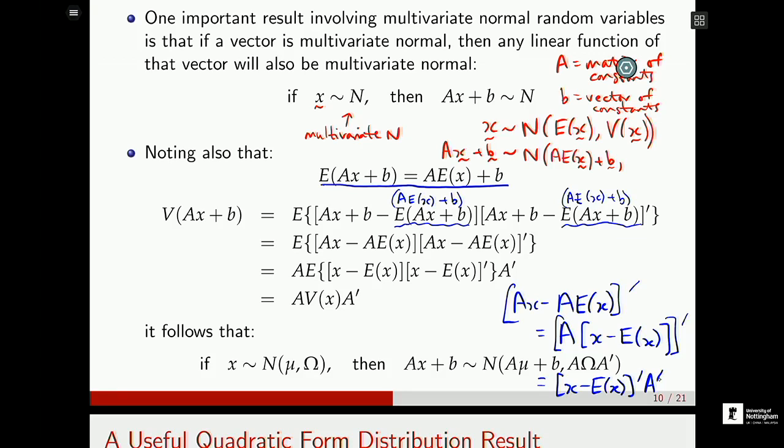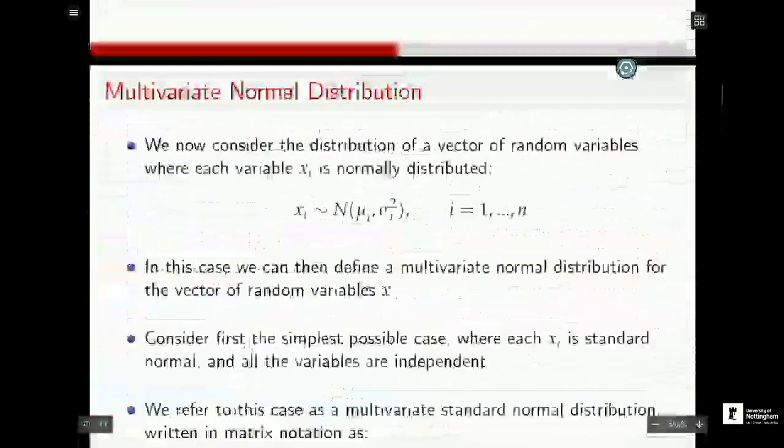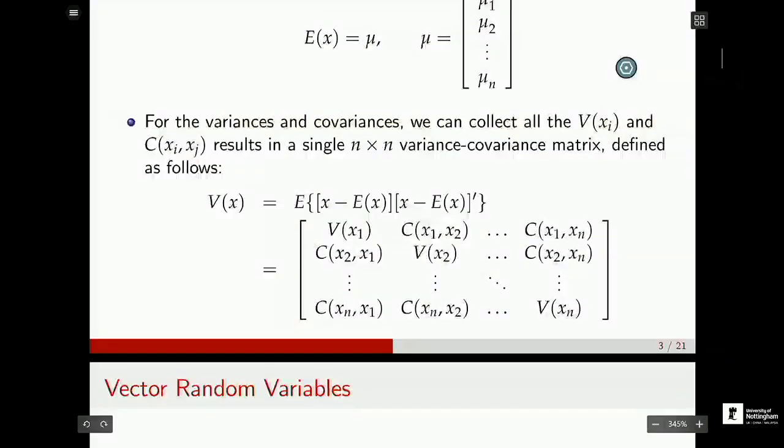But then what you're left with in the middle, all of this stuff here, is just the definition of the variance of x. If you skip back to what we had up a moment ago, that's your defining equation for variance covariance: the expected value of the outer product of x deviated from its mean.